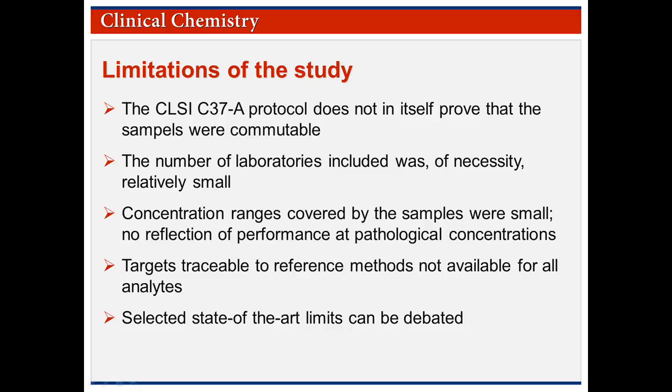Their study can also be questioned with regard to the target setting for bias and traceability assessment. Some people said that their reference targets for cholesterol were inappropriate because the assays were calibrated to the Abel-Kendall method, which deviates from GCMS.